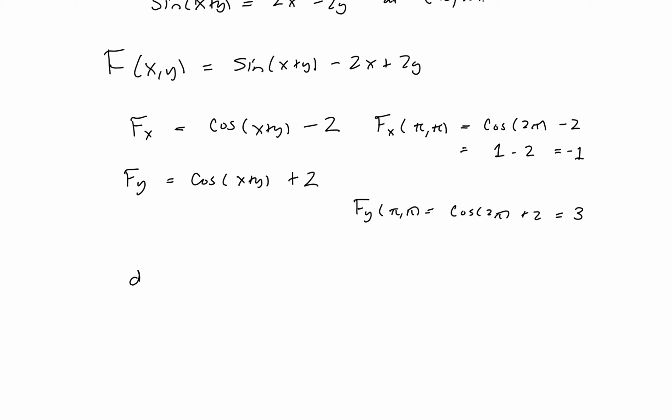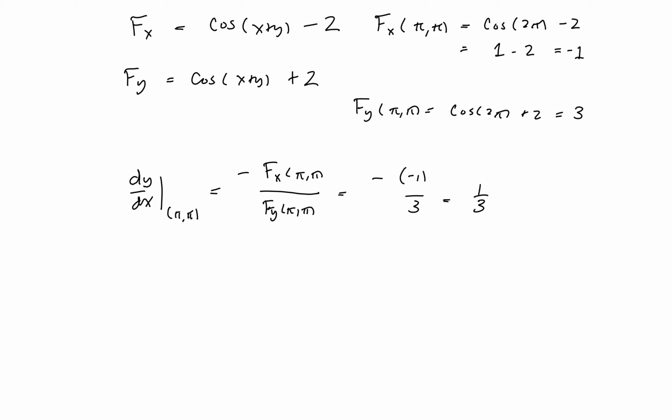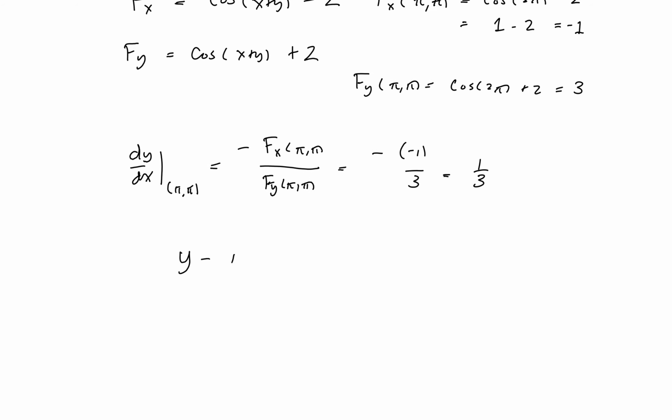So that means my dy dx at pi, pi, remember this is negative f sub x at pi, pi over f sub y at pi, pi, so this is negative negative 1 over 3. So the slope here of the tangent line is 1/3. And so our tangent line is y minus pi is equal to 1/3 times x minus pi.